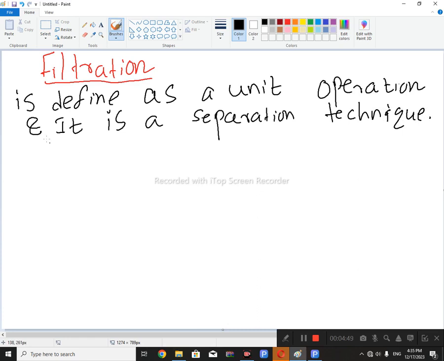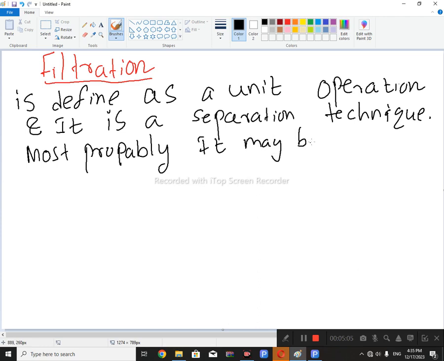Most probably it may be a physical operation.